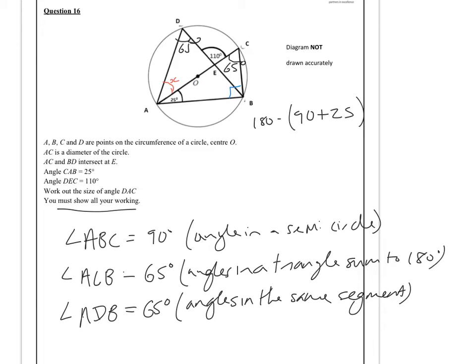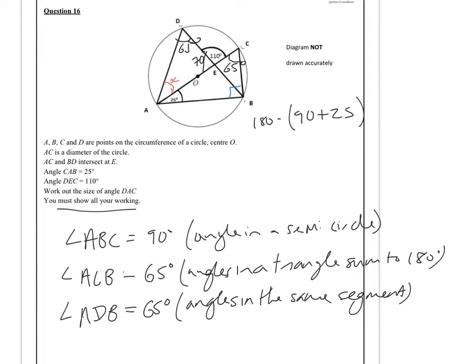One more step to go before we can get X. We have a triangle here, so AED is a triangle, and we know that this angle here is 70 degrees because it's on a straight line with 110.